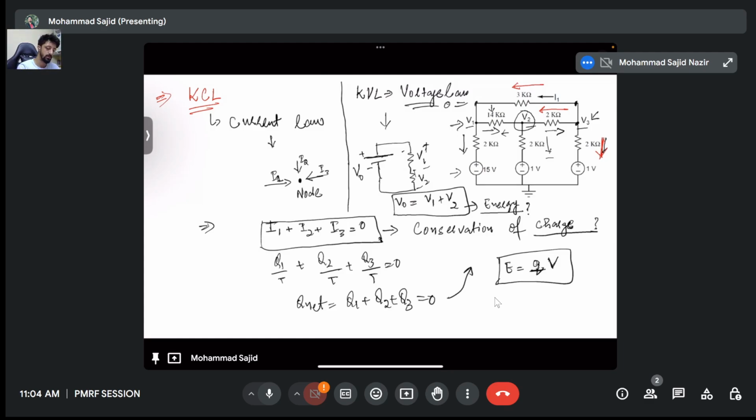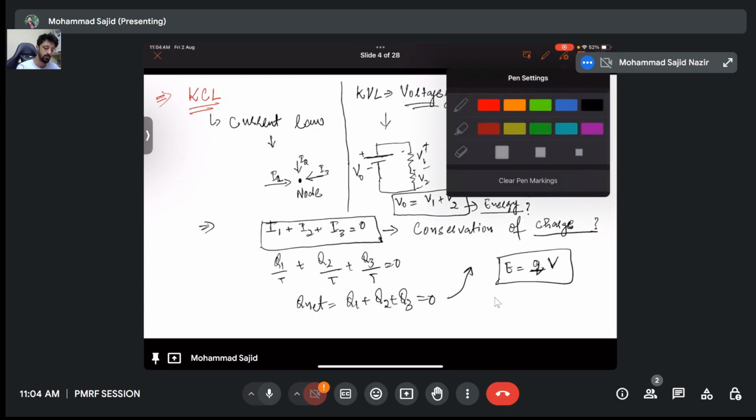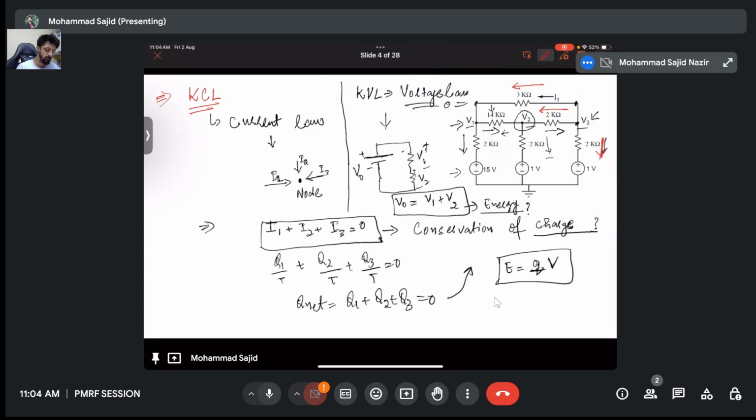So here I will use red color. Here you see that I1, I2, and I3 are coming in and no current is leaving. So I1 plus I2 plus I3 will be equivalent to 0. And we studied that this is due to conservation of charge.